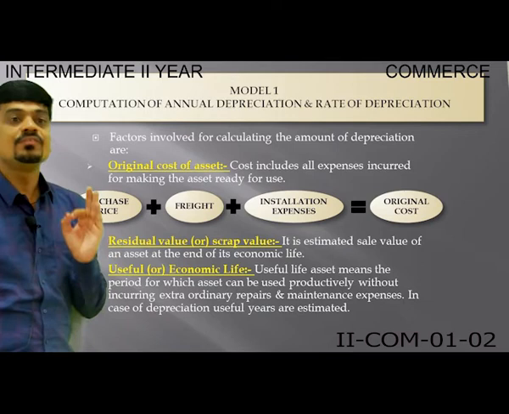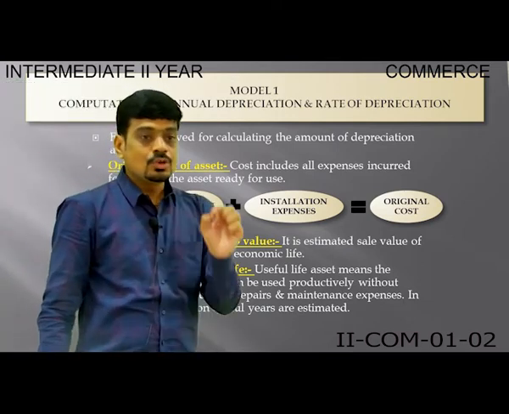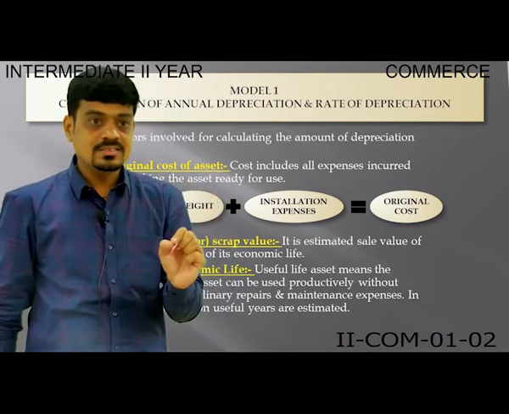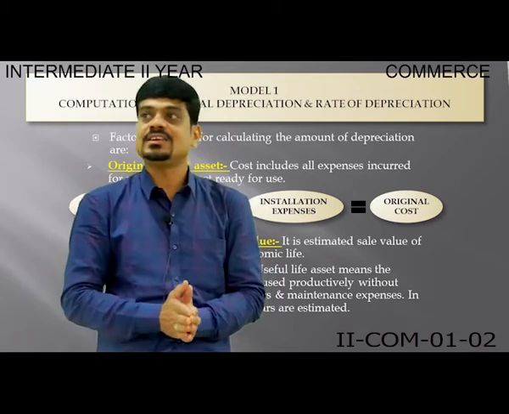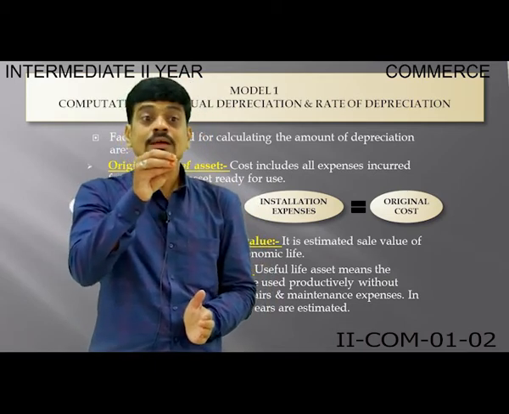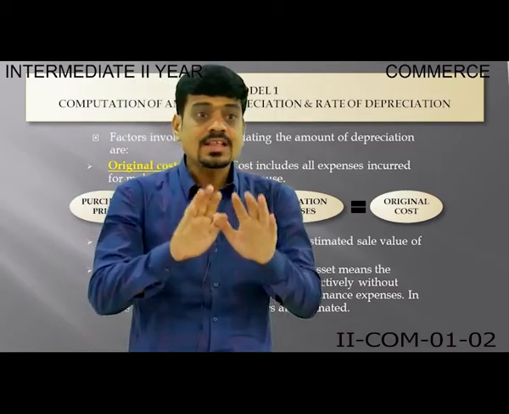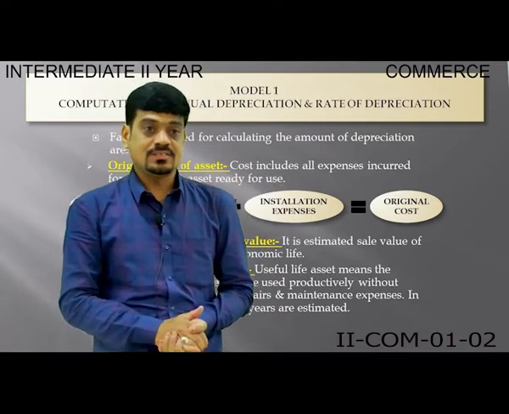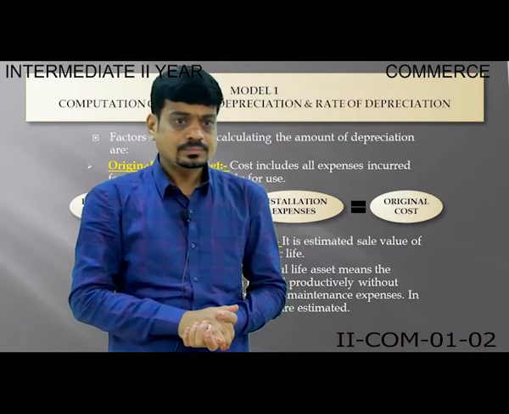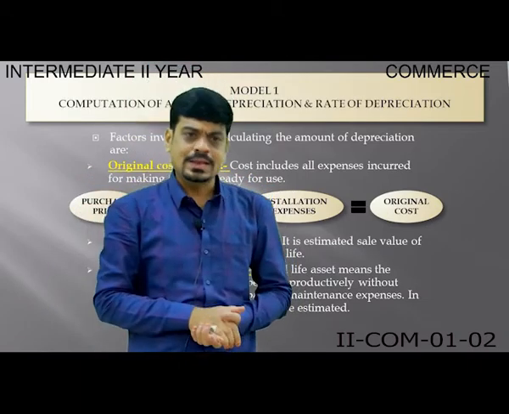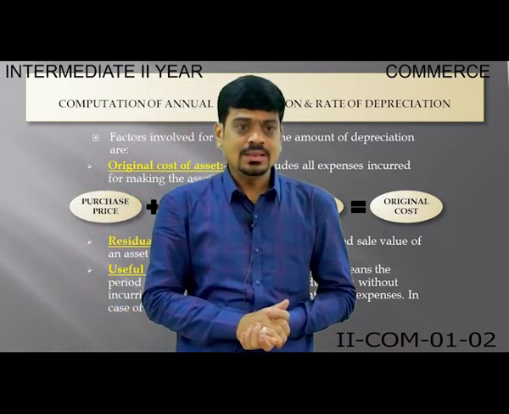Economic life is the useful life. And what is this useful life? Useful life of the asset means the number of years you expect or estimate the asset to give you service, productively, without incurring any expense. How can we understand this? When you go to buy a television or a microwave oven, OTG, whatever electronic equipment, what do you ask?